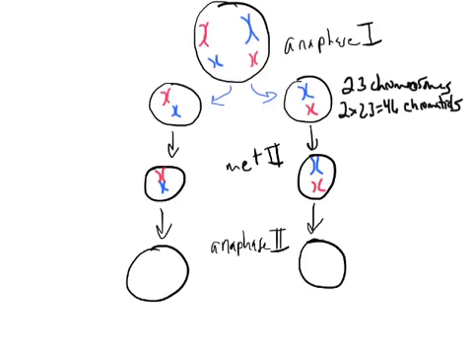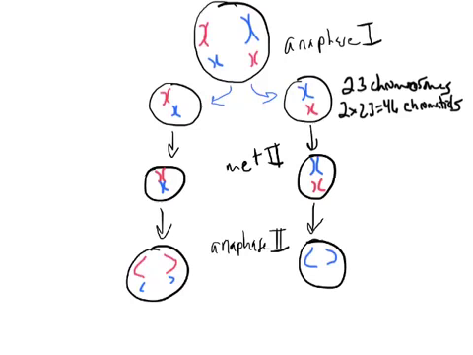Remember, in Anaphase 1, the sister chromatids are still joined together. The centromere is still intact. At this point, Anaphase 2, now you have one long sister chromatid drawn to one side of the cell, and one long sister chromatid drawn to the other side of the cell. One short sister chromatid drawn to each side of the cell.